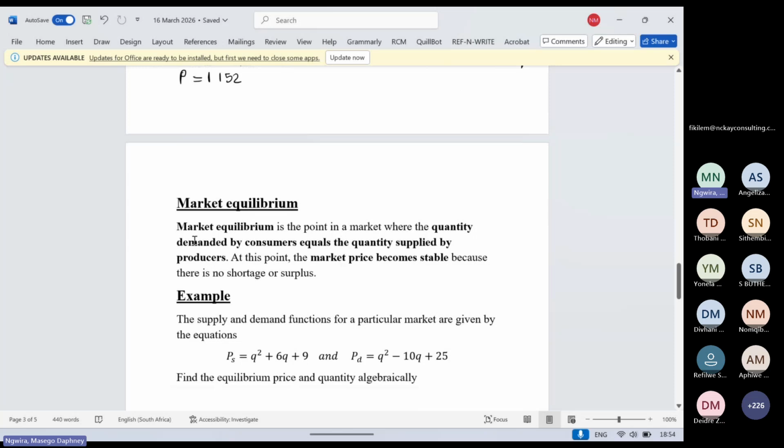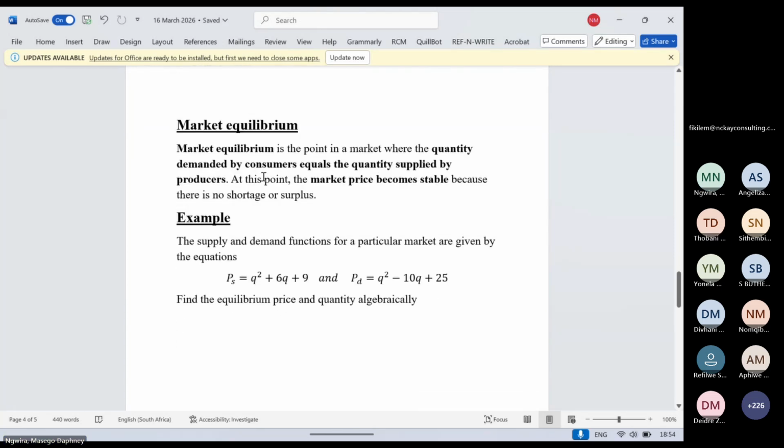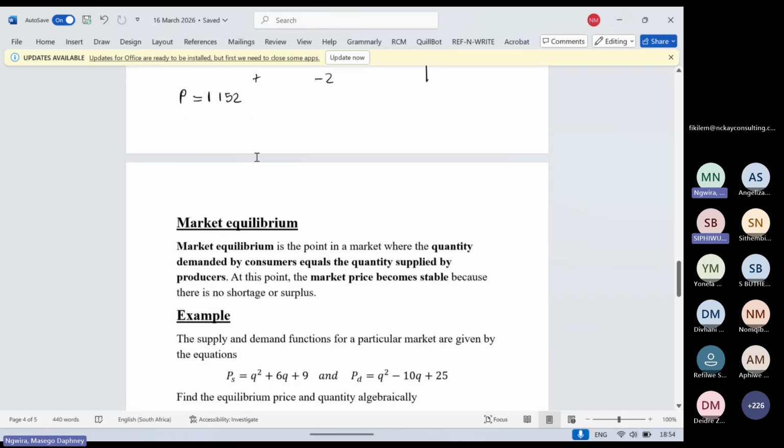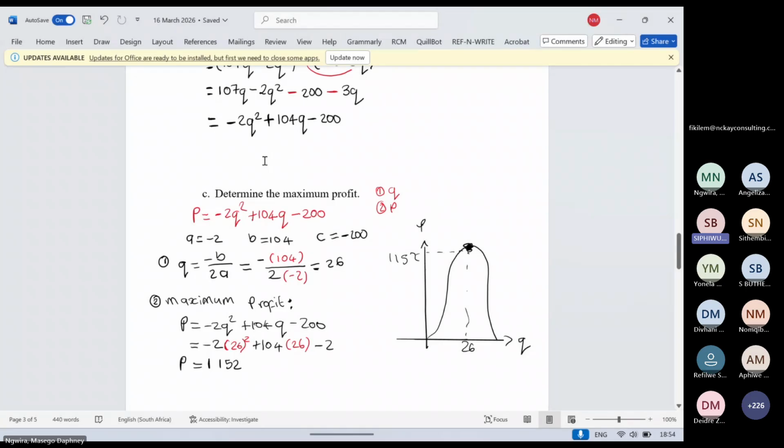And then we go to market equilibrium. Question, ma'am. Is it still on the previous question? Yes, please. Considering our quadratic profit equation, we have negative 2Q squared plus 104Q minus 200.